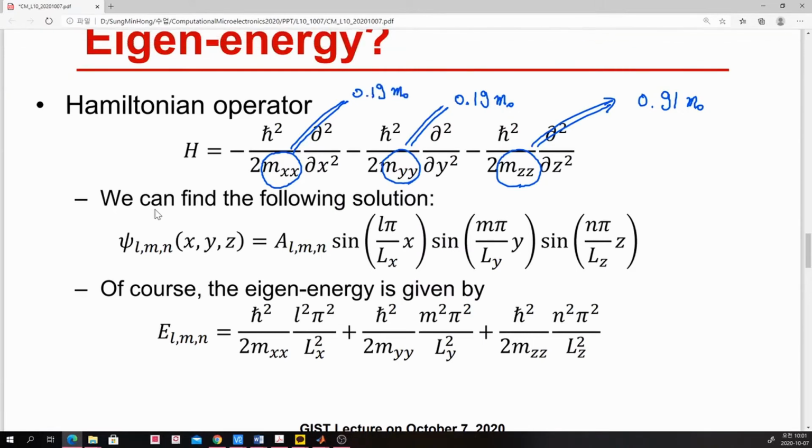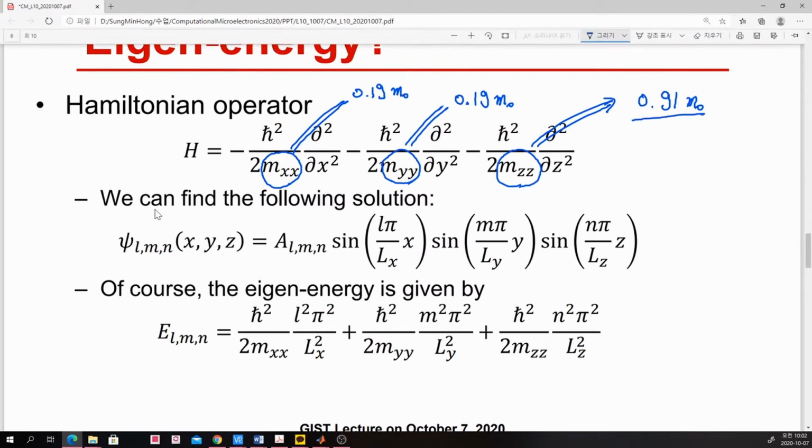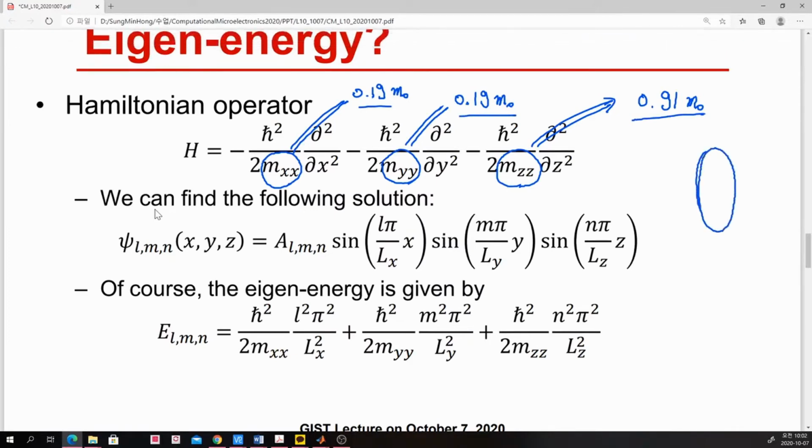So if we draw the equi-energy surface of our electron having such directional mass, we can visualize it as an ellipsoid.